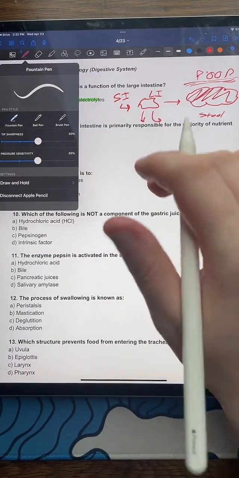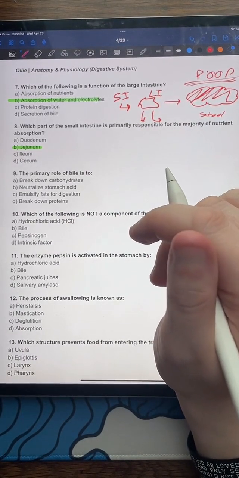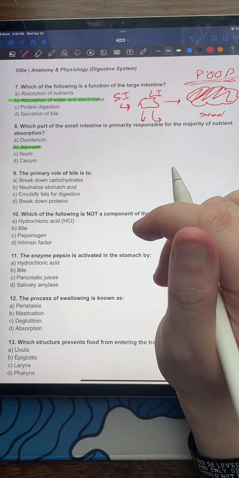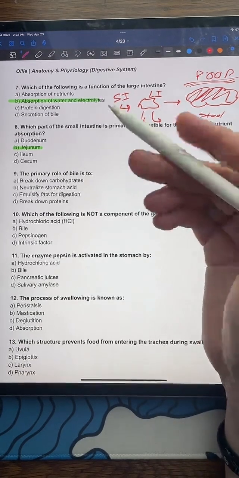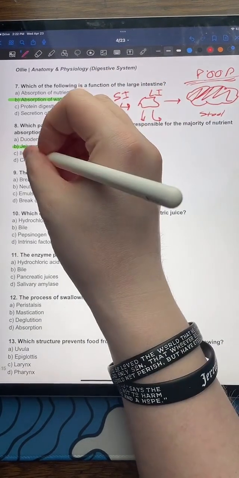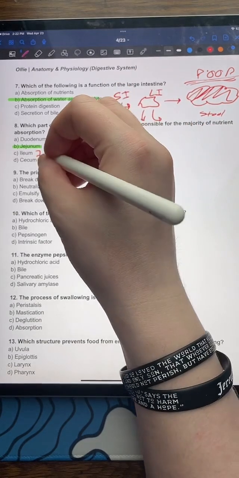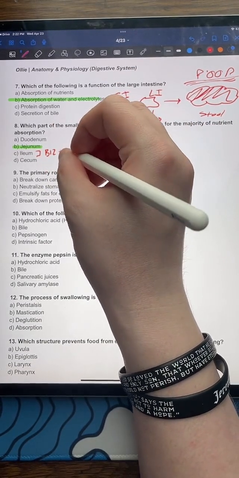The duodenum, that's the first part of the small intestine. Digestion does occur here, but it is not the main site of absorption. The jejunum is. And the ileum does have some. It does have quite a bit, more so for really big in B12 and salts.